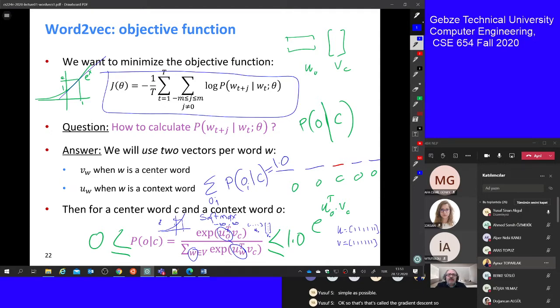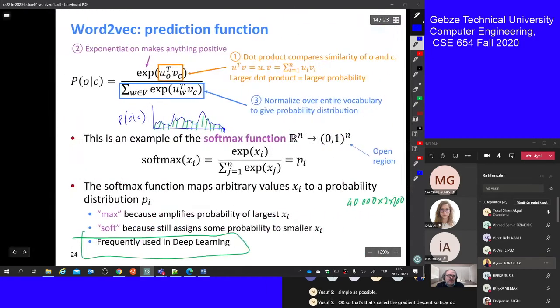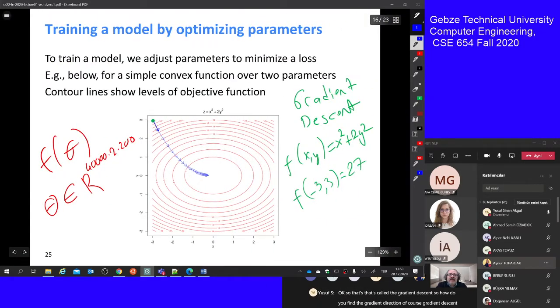So how do we find the gradient direction? In gradient descent, we take the derivative with respect to all those parameters. It's going to be one huge derivative, because if I have 40,000 words and each word has 100 dimensional vectors, that is 4 million parameters.